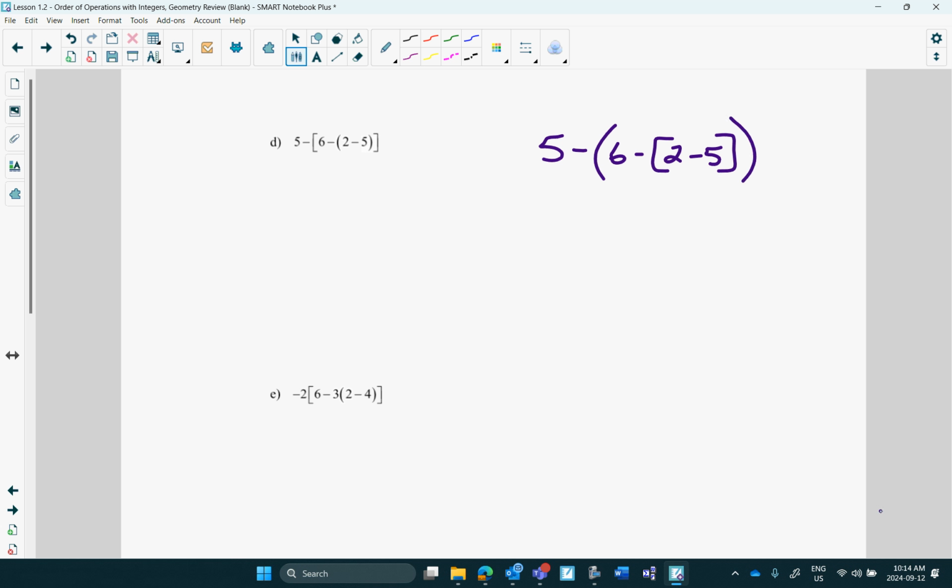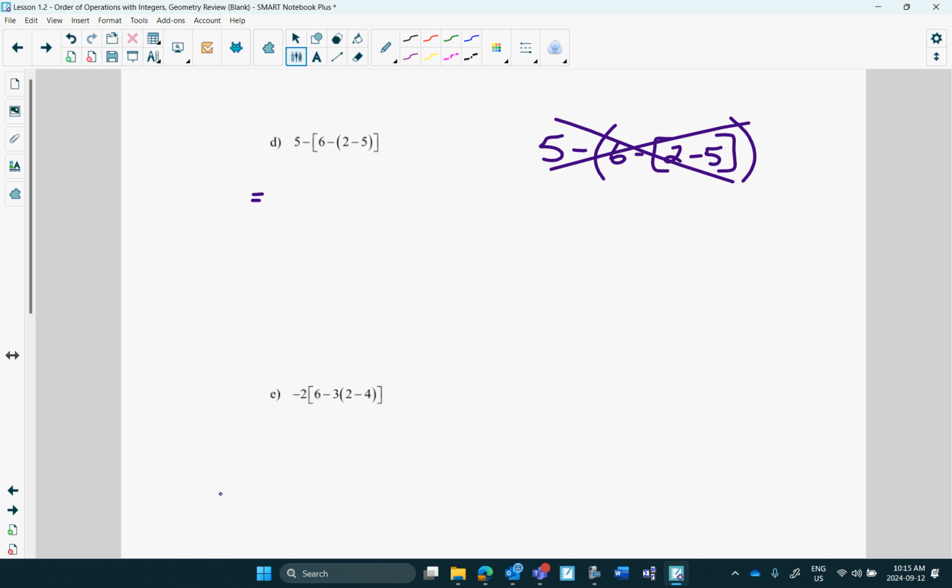No. The parentheses are always furthest inside. If you see a question like that, somebody's written it incorrectly. So that means that we've got to do parentheses first, and then we've got to do brackets. And then we go to the multiplication and division, addition and subtraction.